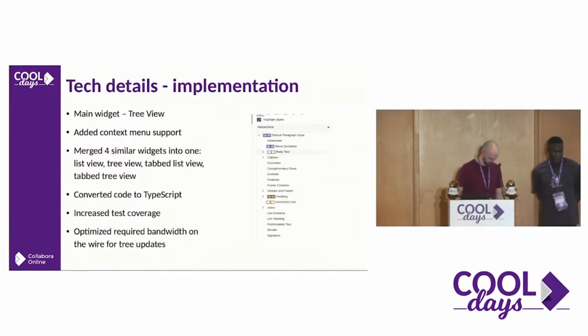Yes. So about the under the hood things in the style sidebars, we mainly use a tree view widget, which previously didn't have the context menu support, which really helps here because the user can just select some style and add, edit, or delete some custom styles.